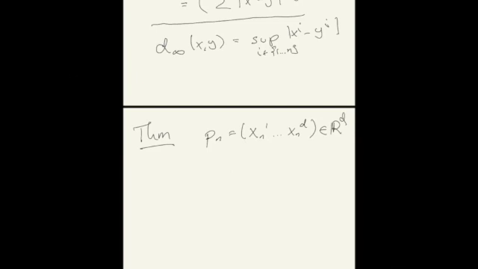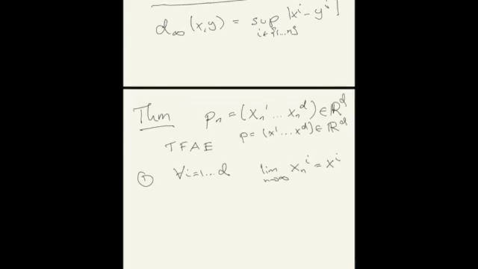So if p_n is a sequence in R^d, then the following are equivalent. 1: for every i equals 1 through d, we have the limit as n goes to infinity of p_n^i is equal to x^i, and these x^i are components of a vector in R^d.